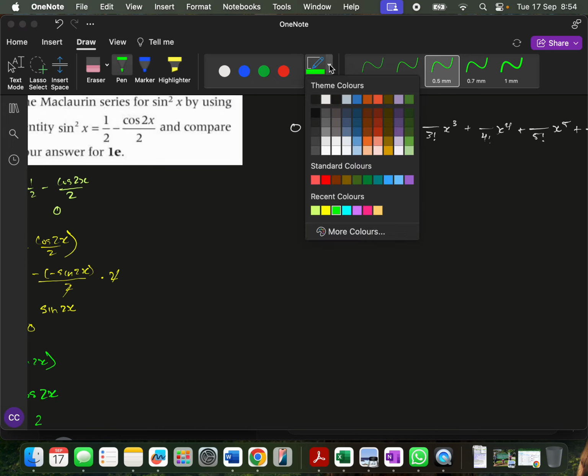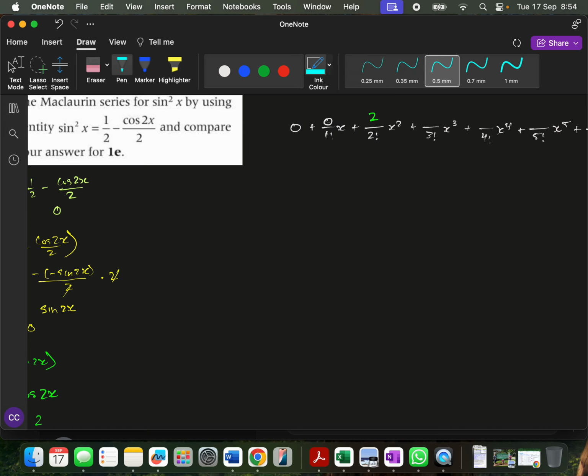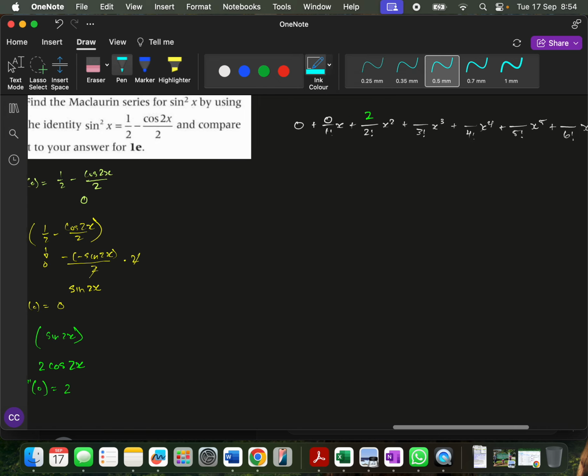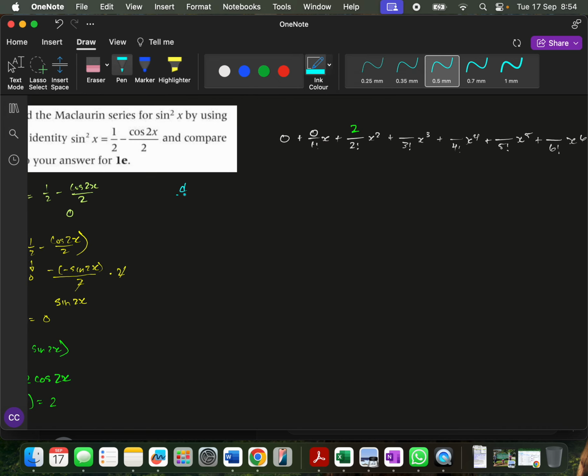Let's keep going. d/dx of 2 cosine 2x is going to be negative 4 sine 2x. So the third derivative at 0 is 0.